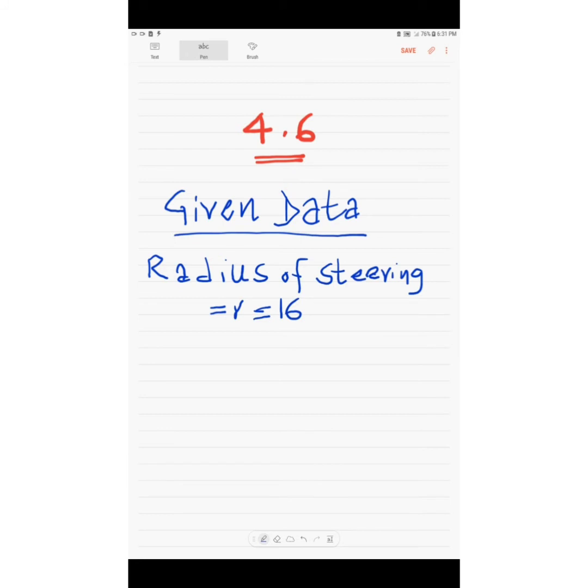Change it into meter, dividing by 100, you will get 0.16 meter.